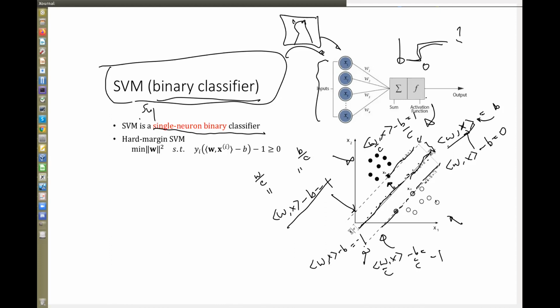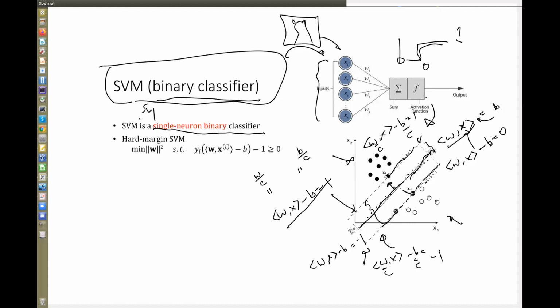Now, what's the length of this gap here? Let's say I have a point x minus 1 here, and a point x1 here.